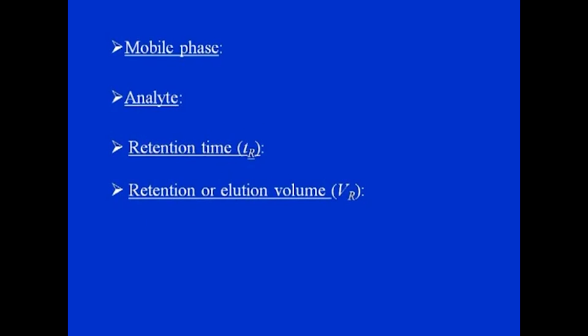Now, regarding the mobile phase, there are two more terms. One is called eluent. Eluent is the carrier portion of the mobile phase, and it moves the analyte in the chromatograph, that is the instrument. So, eluent is the solvent that is part of the mobile phase, the carrier portion.